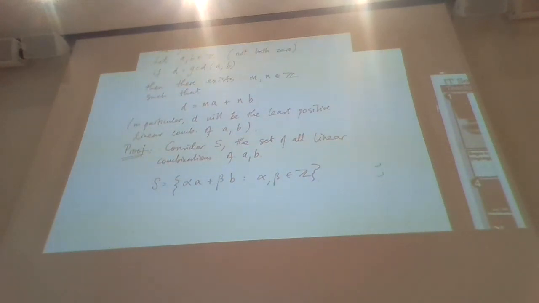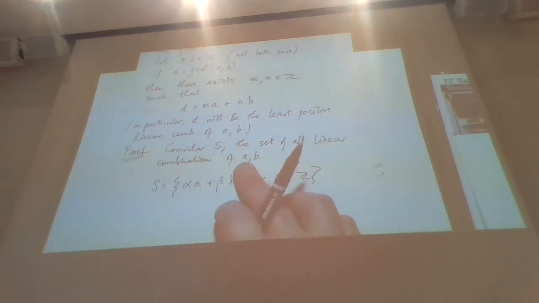It's a nice way of proving this. We're tasked with proving that the greatest common divisor is a certain special linear combination of A and B. So we immediately consider the set S, which consists of all linear combinations. This is certainly an infinite set, and it does contain positive and negative numbers.